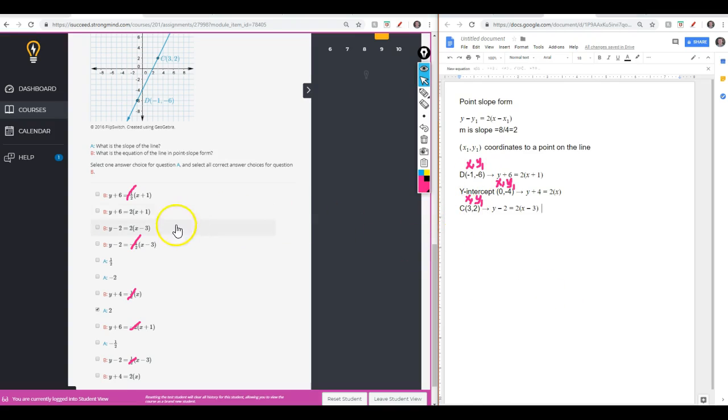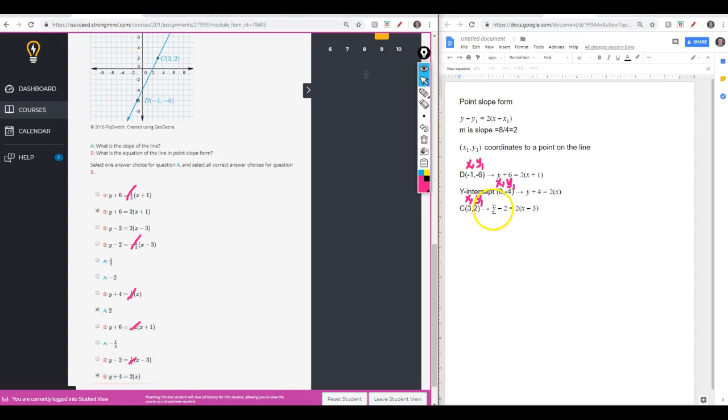So then I'm going to be scanning through these and look for y plus 6 is equal to 2 times quantity x plus 1. There's that one. y plus 4 is equal to 2 times x. So I'm looking for y plus 4 is equal to 2 times x.